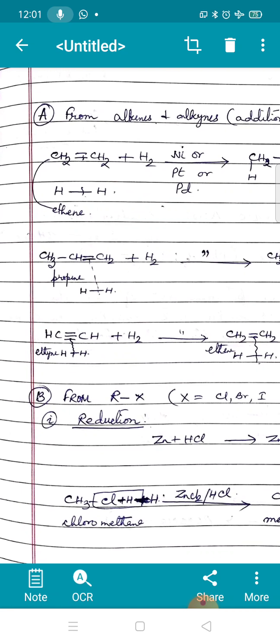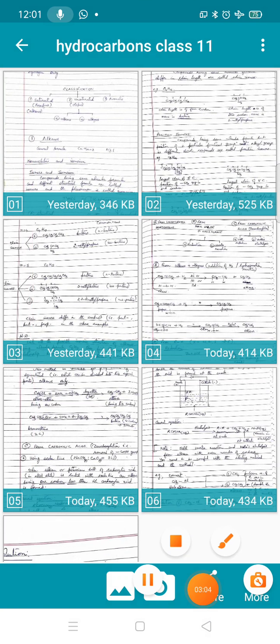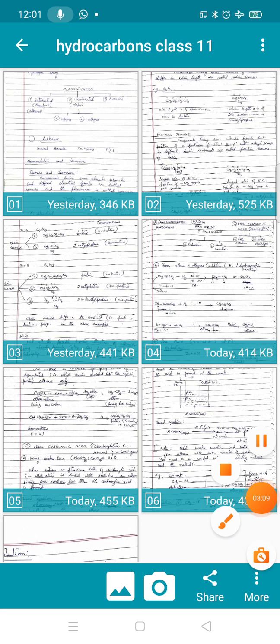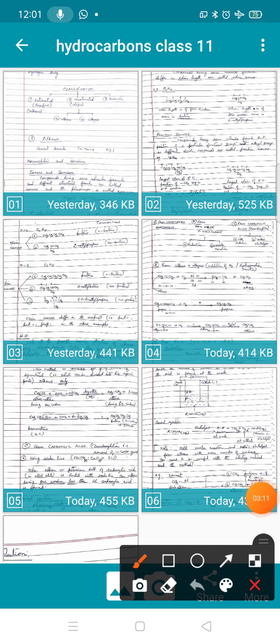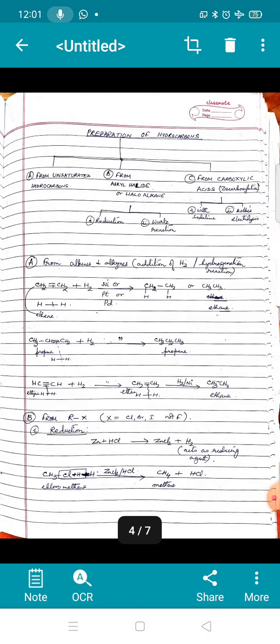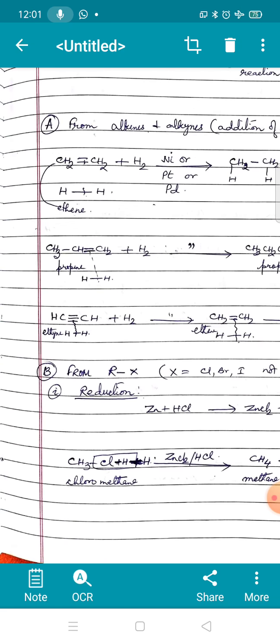So let us take another example where our starting material is alkyne. In alkyne, what do we have? We have a triple bond, right? Since there is a triple bond, one is sigma, the other two are pi.